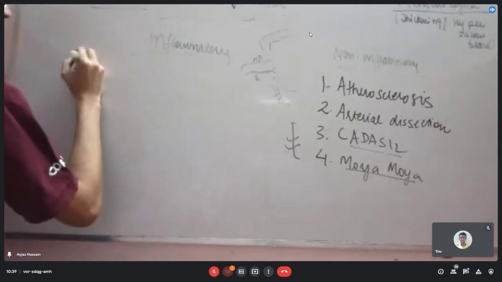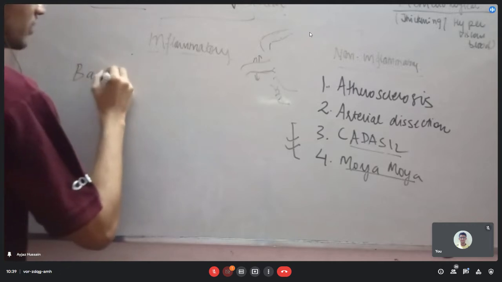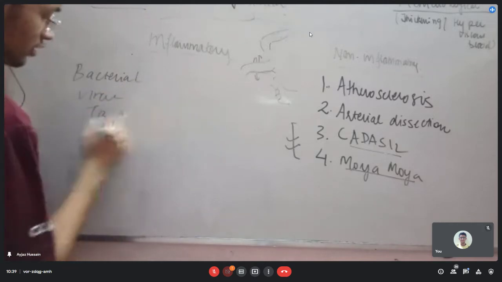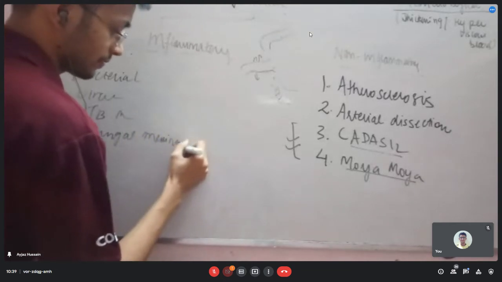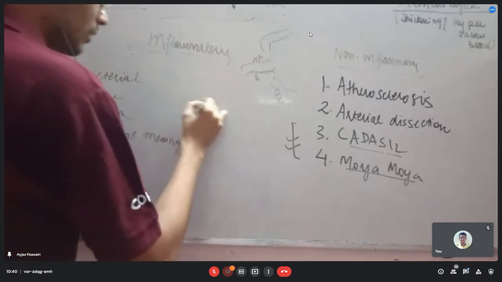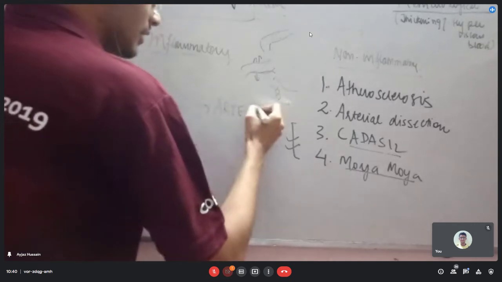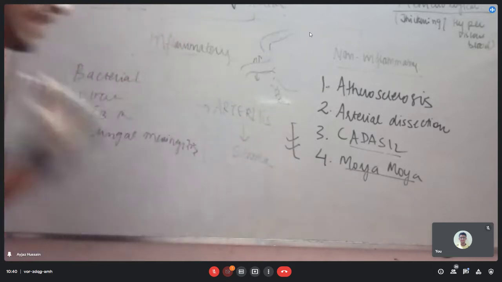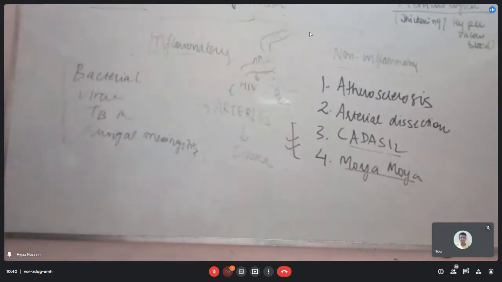So whether it is a bacterial meningitis, also called pyogenic meningitis, a viral meningitis, a tubercular meningitis, or a fungal meningitis, any of these will lead to something called arteritis, that is inflammation of the arteries, and this will lead to stroke. And that is the very same reason why HIV causes stroke, because it causes arteritis. I hope this is clear.